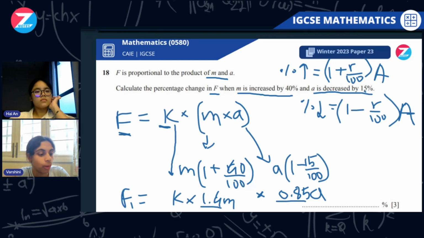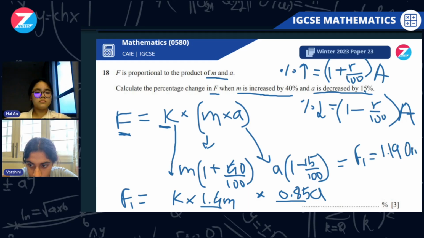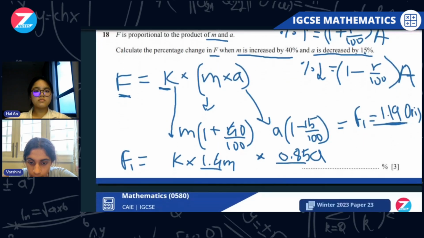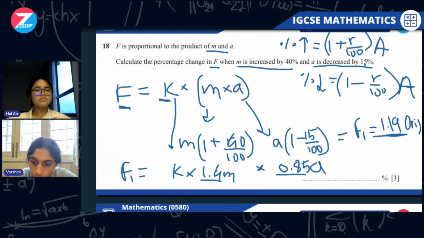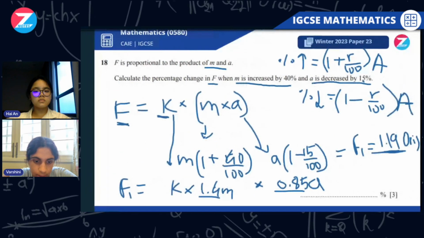Let's multiply 1.4 into 0.85, and we get 1.19. So we get F dash equals 1.19 into the original. And we know 1.19 is the increase. Let me just hold on, let me clear up the space a little.